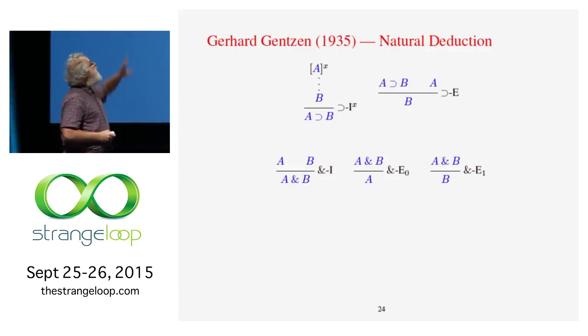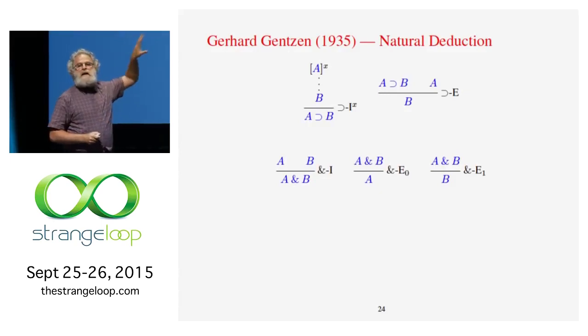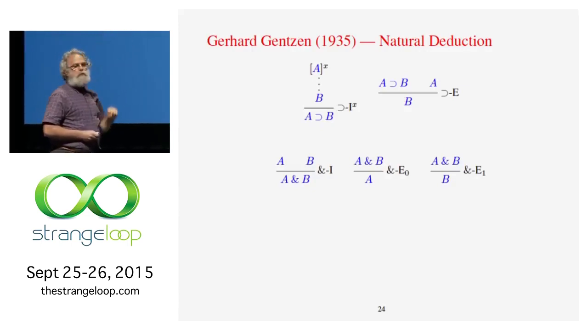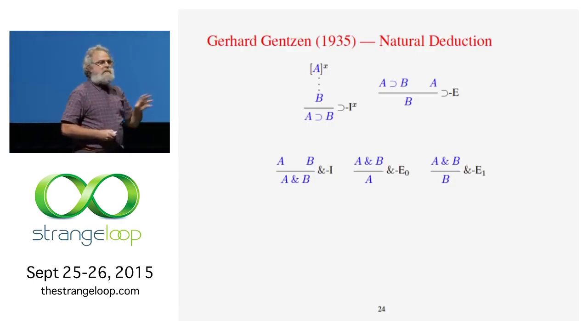So what do we have here? The first rule there, the rules come in pairs. This is the important thing. On the left, we have rules with I, meaning introduction rules, and you have the connective, implication or ampersand, below the line. The rules on the right are called elimination rules, and there you have a connective above the line. So you can see A implies B on the left there.